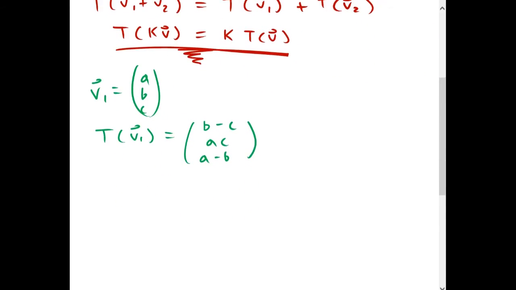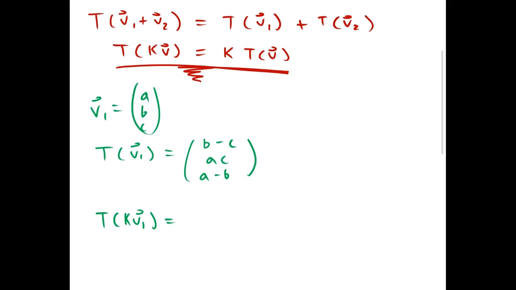Okay, so now if we do the transformation of k times v1, k v1 is ka, kb, and kc.